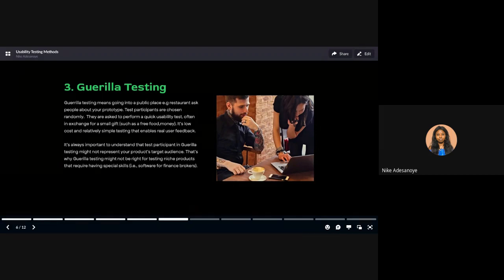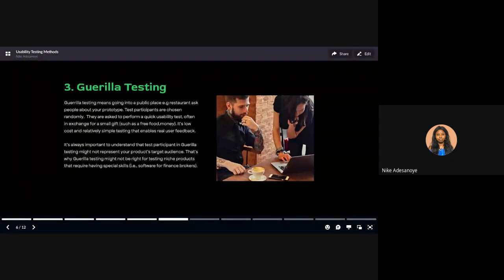It can be a wireframe, or your normal sketch, because people do test the sketch itself. Or you might have done the high fidelity design itself. And then you go to these stores to test with people.